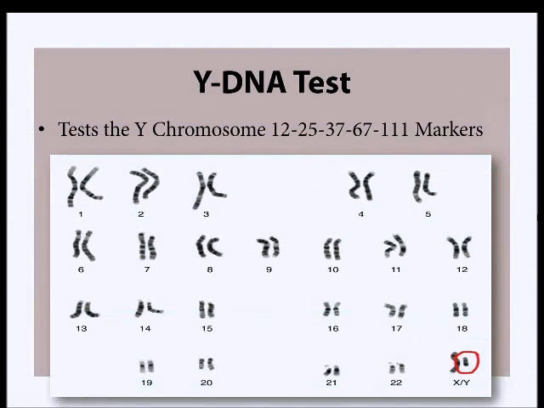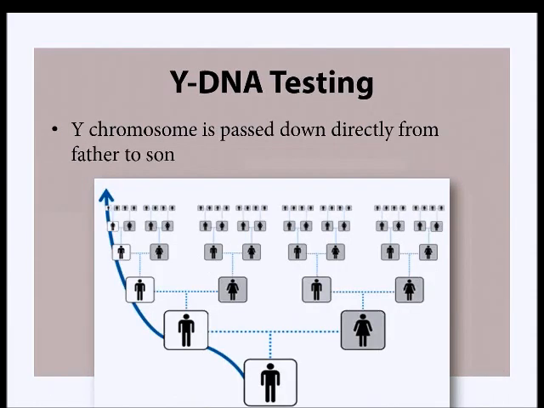The standard Y-DNA test compares STRs, or short tandem repeats, also known as markers, on the Y chromosome. These markers change relatively slowly over time, making them ideal to trace lineages further back in time. Y-DNA is passed down directly from father to son.